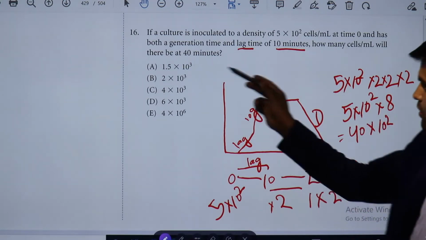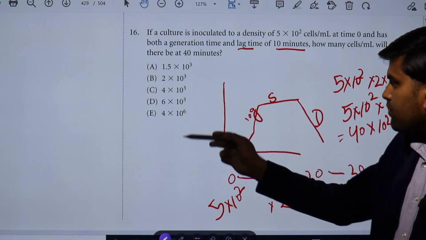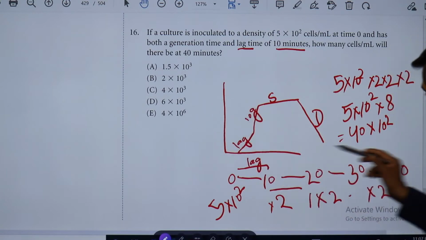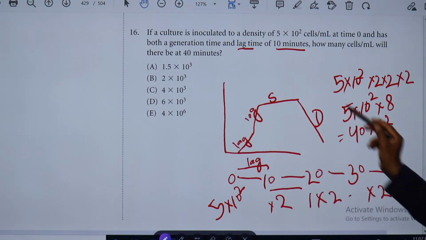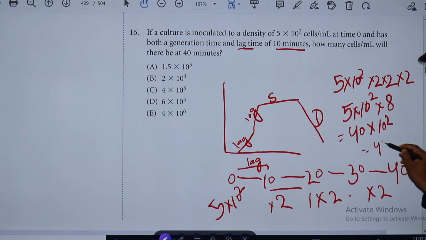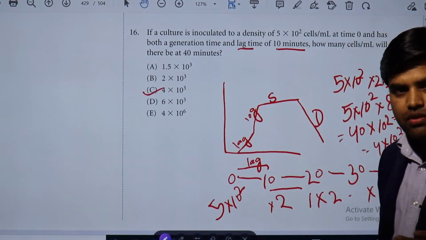Look at your options. Although your answer is 40 into 10 to the power 2, this is not mentioned there. The option given is 4 into 10 to the power 3, since the 0 can move over. So this is your answer.